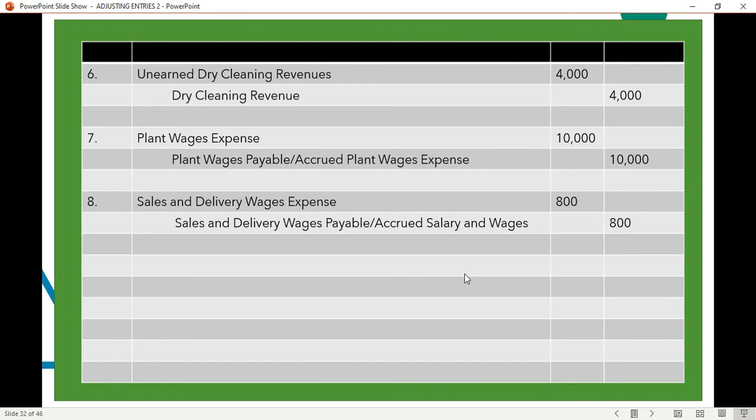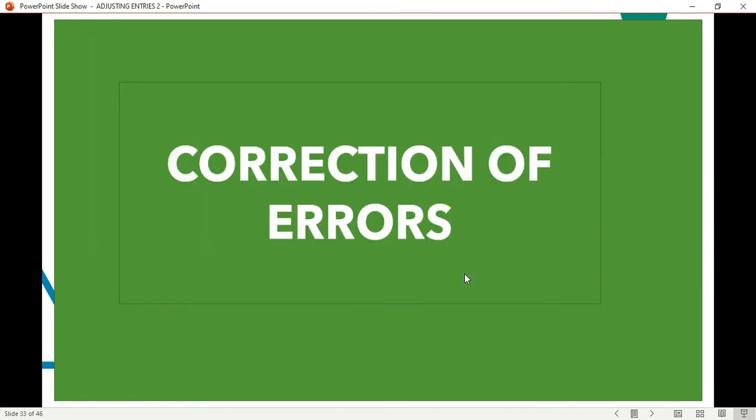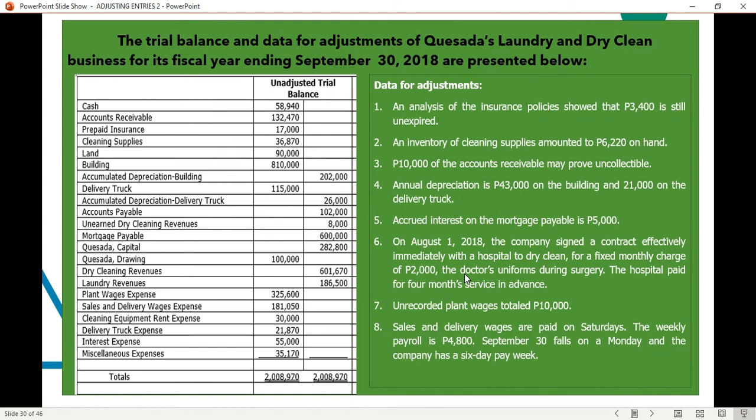Sorry, I need to correct that one. It should be accrued sales and delivery wages payable, 800. Okay, so take note. Those are the adjusting entries for Quesada's laundry and dry cleaning business at the end of the year. Okay, so I'm done with that one.